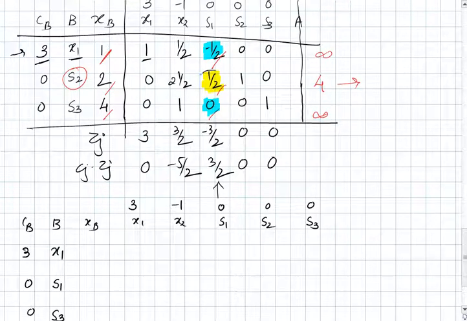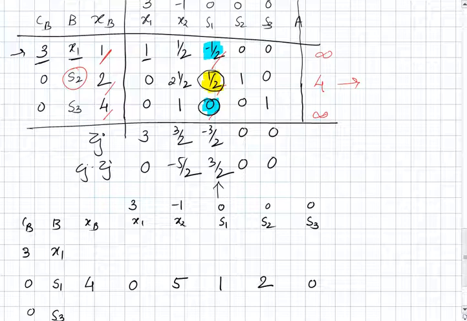Now to make this entry 1 we have to multiply by 2. Multiplying by 2, we have here the value 4, here it is 0, 2 and a half, that is 5 by 2, multiplied by 2 is 5, here it is 1, here it is 2, and this is 0. And here the entry is already 0, so we just write it as is. So 4, 0, 1, 0, 0, 1.